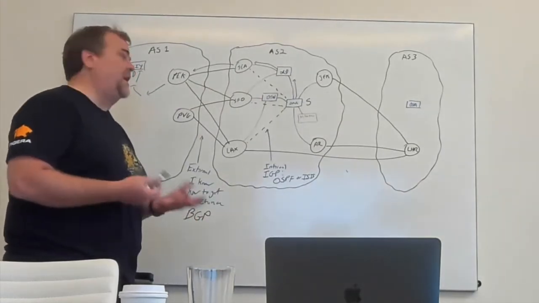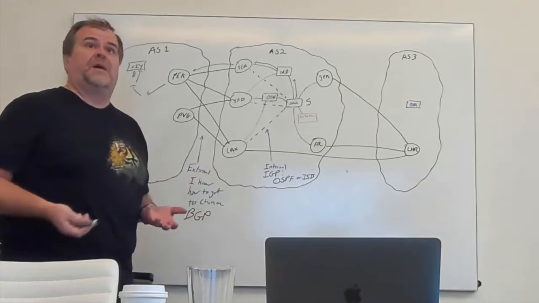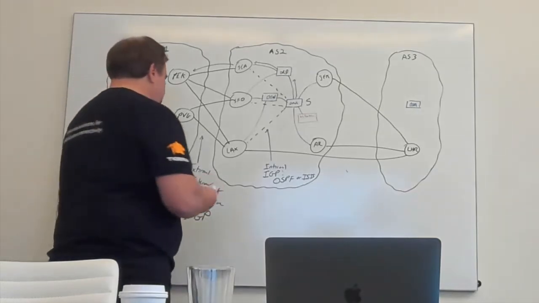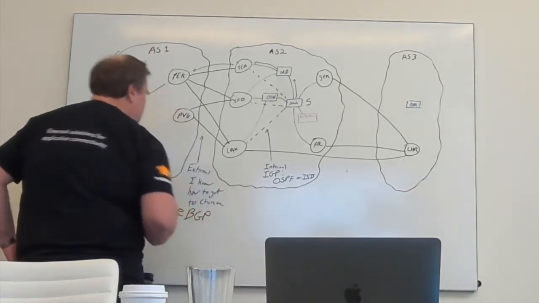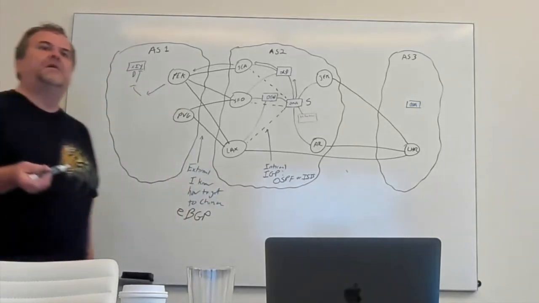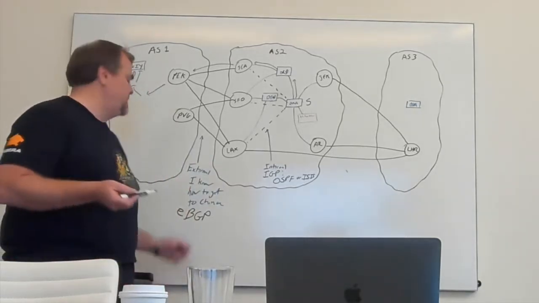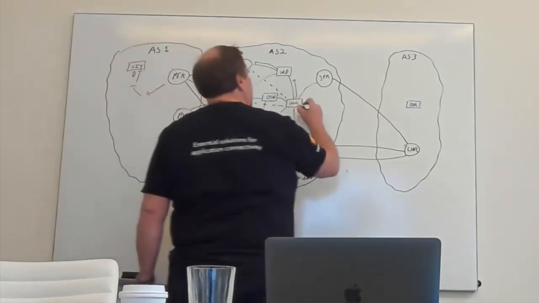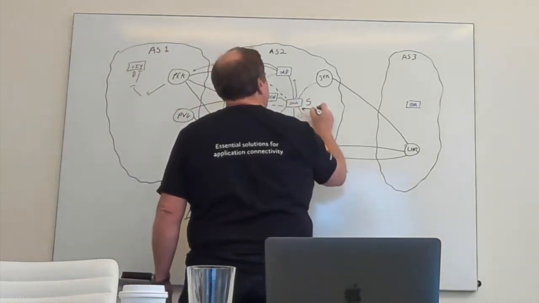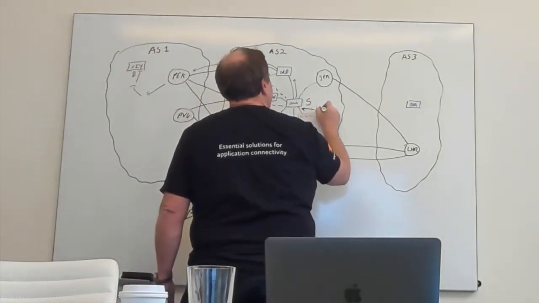So what we've done in the routing protocol space is we made a distinction. eBGP is the BGP you run between ASs. There's another flavor of BGP called iBGP.